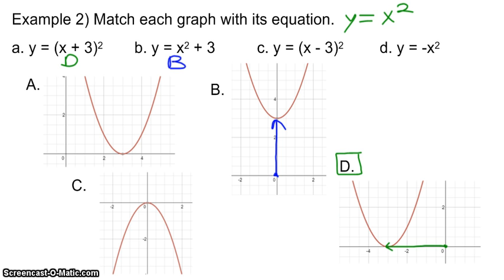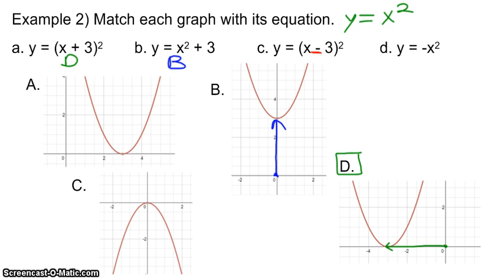For part C, we have y equals the quantity x minus 3 squared. And as we've said before, when it's inside, it's going to move either left or right. And we notice that it says a negative 3, so we want to think of the opposite. So it's going to move right 3 units from the origin.